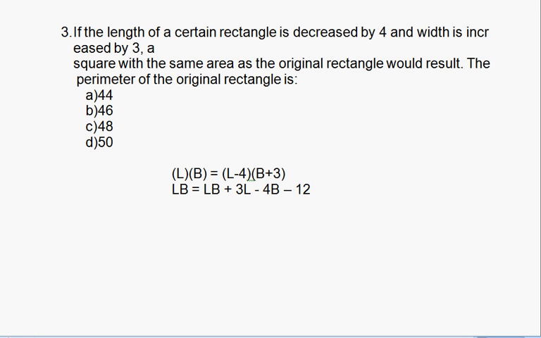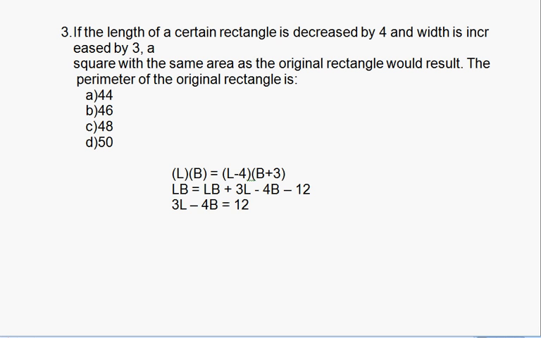This would be it. Again we can simplify it. This LB and this LB would get cancelled and we would be left with 3 times L minus 4 times B would be equal to 12, right?